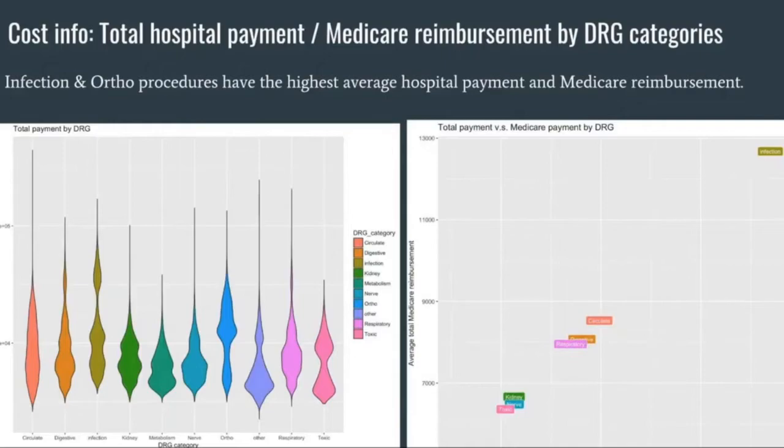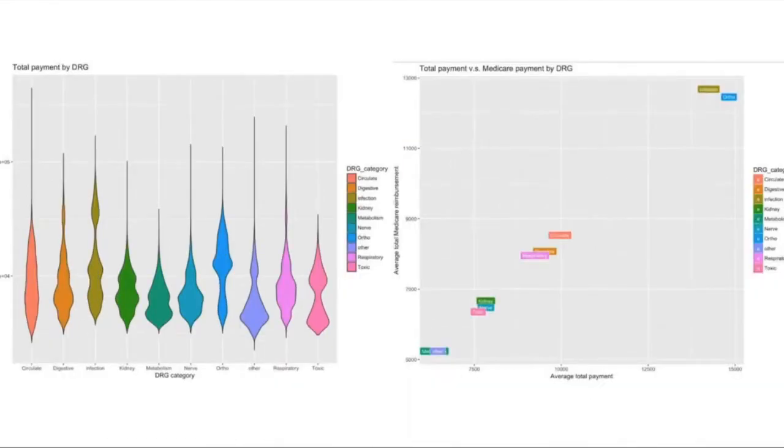Next we're going to look at the cost information, the total hospital payments and Medicare reimbursement by DRG. I used ggplot to create a box plot, and it shows that infection and ortho procedures have the highest average hospital payment and Medicare reimbursement.